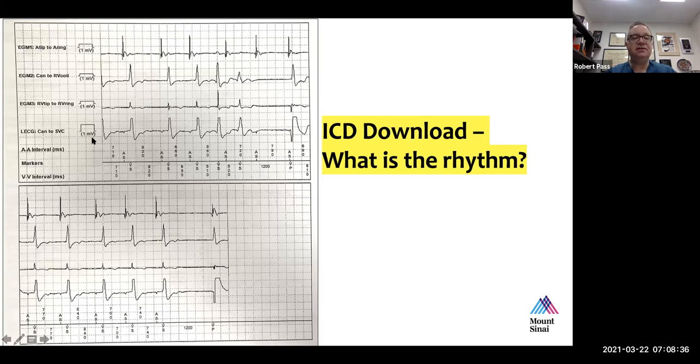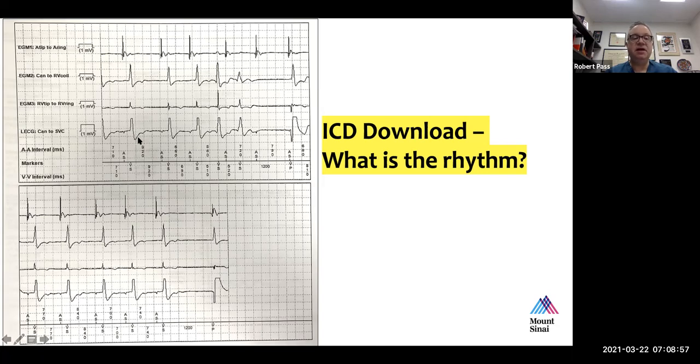And then this is another electrogram that they're giving us, which is from the can to the superior vena cava. So presumably this lead has both an SVC coil, which some leads do, and a coil in the heart. Generally speaking, in the present era, we try not to put in leads that have SVC coils.